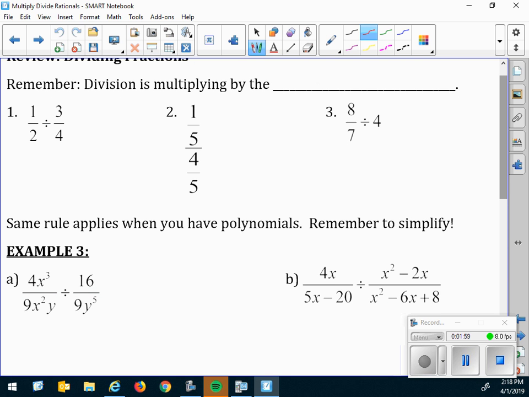Division is multiplying by the, not denominator, reciprocal. So, let me ask you if you know what reciprocals are. Write that down. I give you the number 2/3. What's the reciprocal? 3/2.